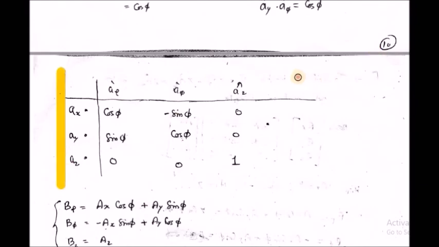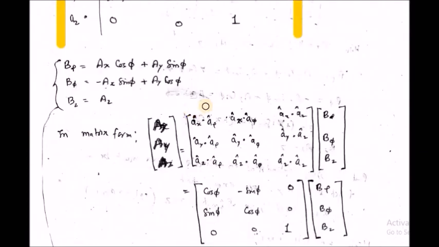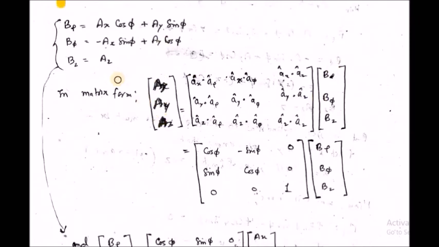This table you have to remember. So ax dot a rho is cos phi, and a rho dot ax is also cos phi. Ax dot a phi is minus sin phi, and a phi dot ax is also minus sin phi. And likewise you have to remember this table, and if you know this table, then you can transform cylindrical to rectangular or rectangular to cylindrical.